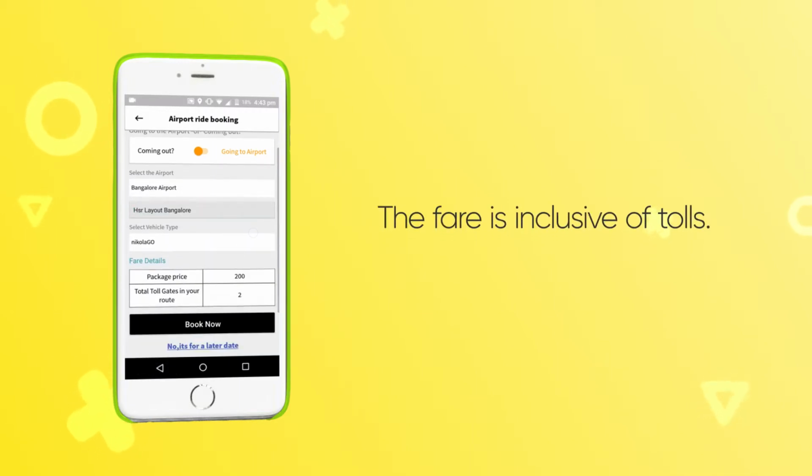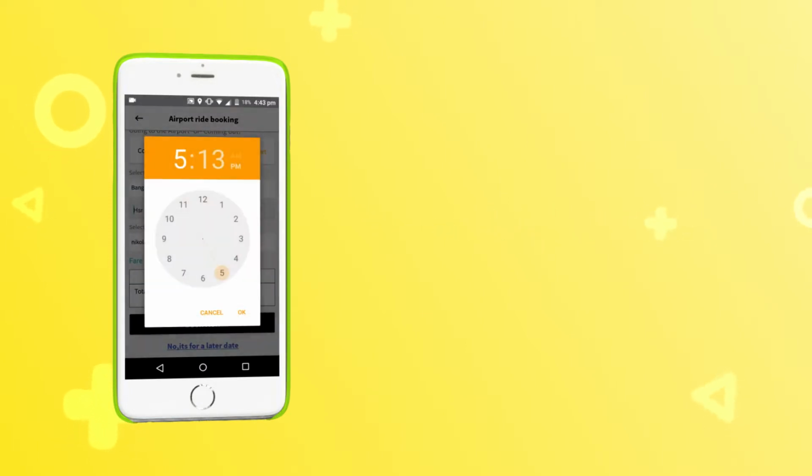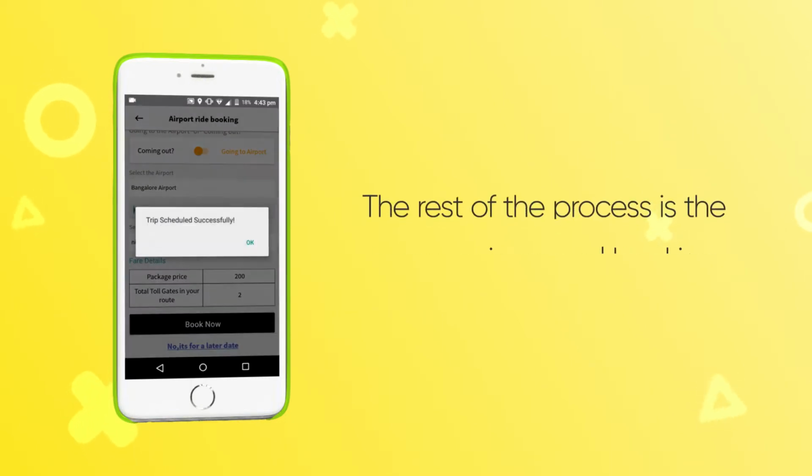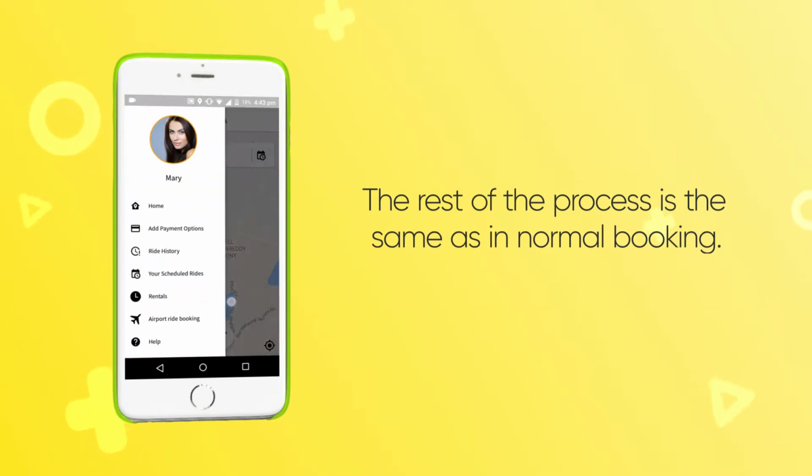The fare is inclusive, and it lists the number of toll booths on the way. Even here, the passenger has the option to book the ride immediately or to schedule it for later. The rest of the process, including payment, is the same as with normal booking. In the next and final part, we'll explain the web-based admin panel for configuring various aspects of Nicola.